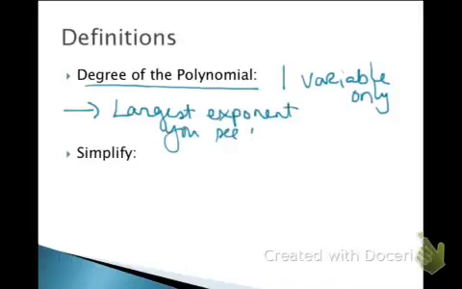So if we go back to the trinomial type problem, x squared minus 3x plus 4, we have only one type of variable base, and the largest exponent that we have is a 2, so the degree of this polynomial for this example is a 2.